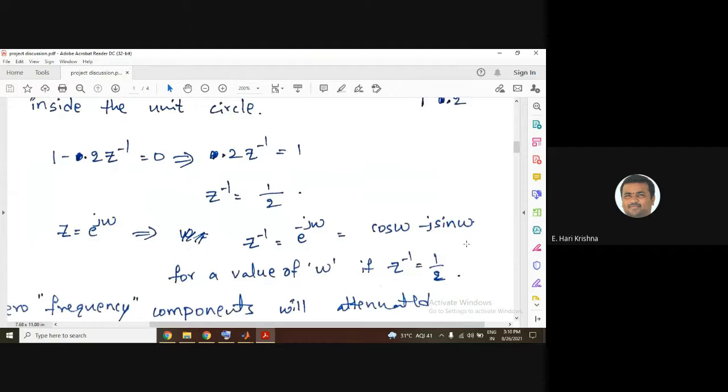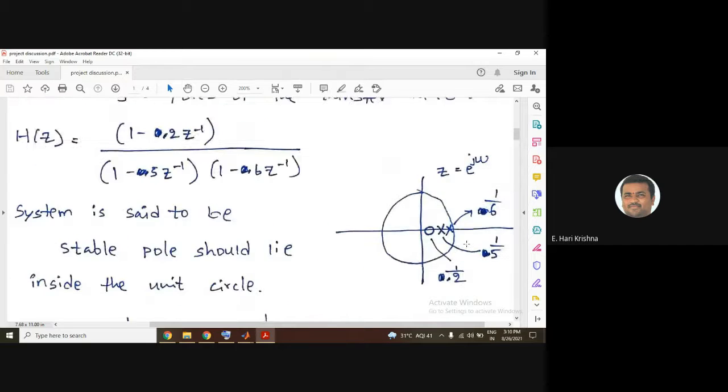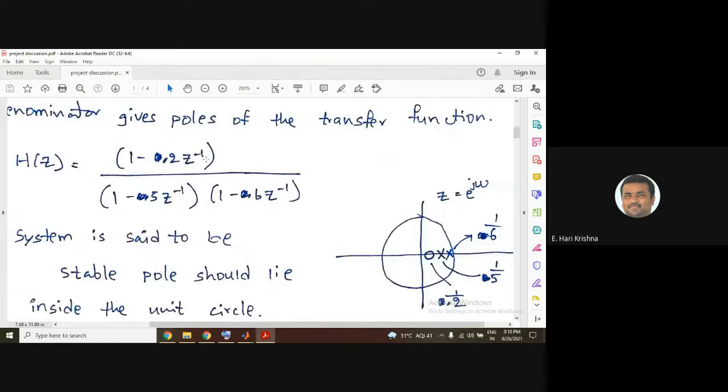So I am applying a frequency component with angular frequency equal to pi by 2, giving z inverse equal to 1 by 2. 1 by 2, 2 gets cancelled, 1 minus 1, 0. The magnitude of the system transfer function becomes 0.